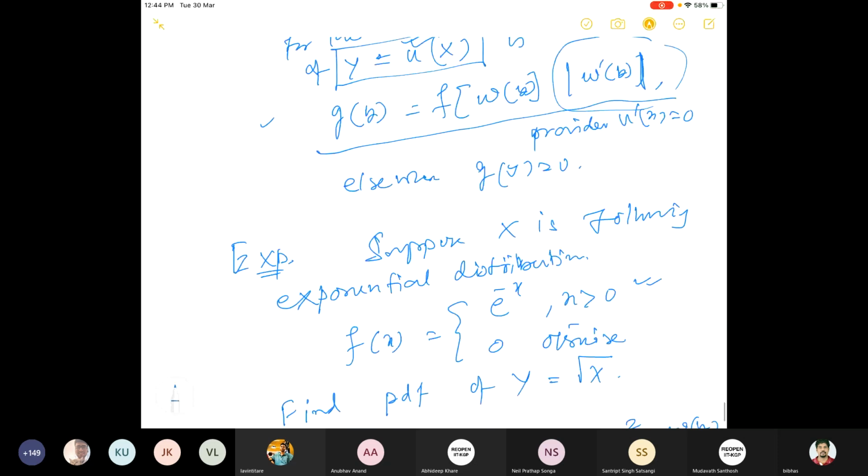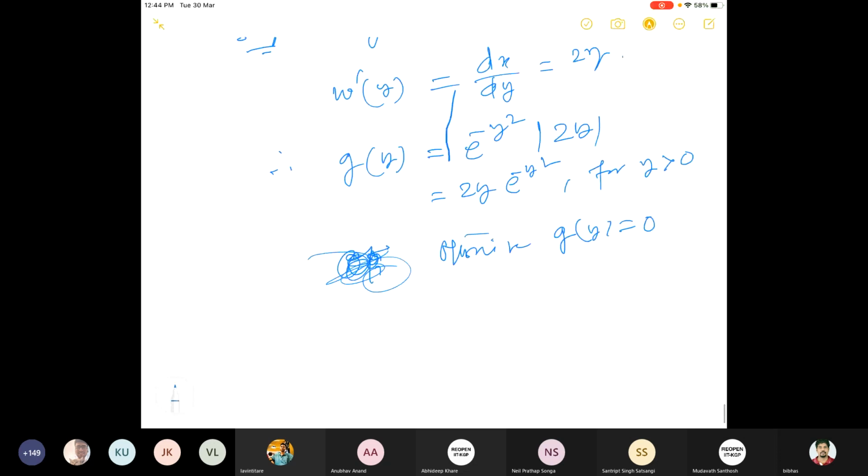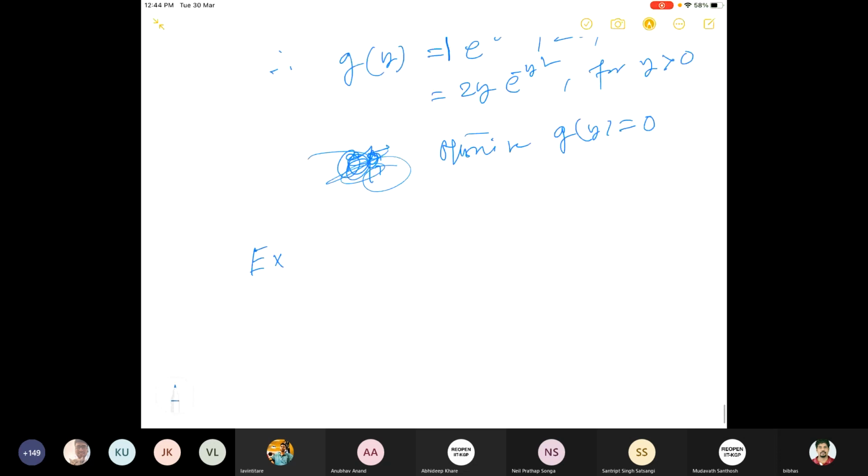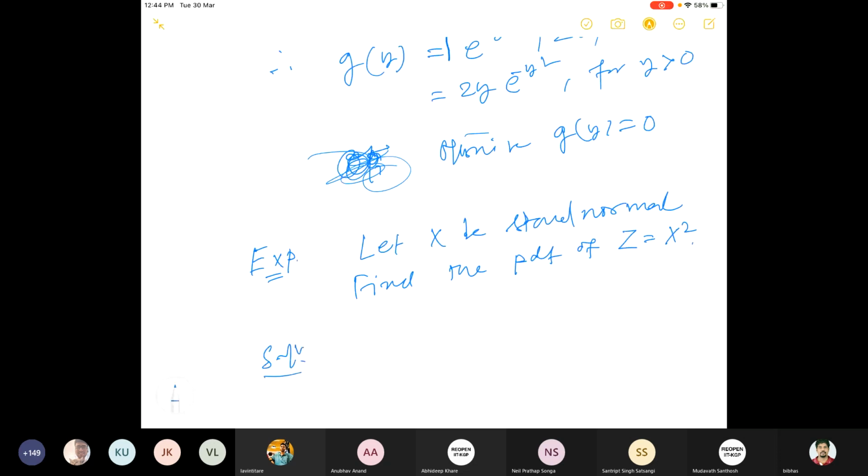For example, let x be a random variable that follows a standard normal distribution, and the question is to find the PDF of the random variable z, which is equal to x squared. Now see here the function z, which is a function of x. So this is u(x) here, which is x squared, but is this x squared function increasing, or let's say decreasing?